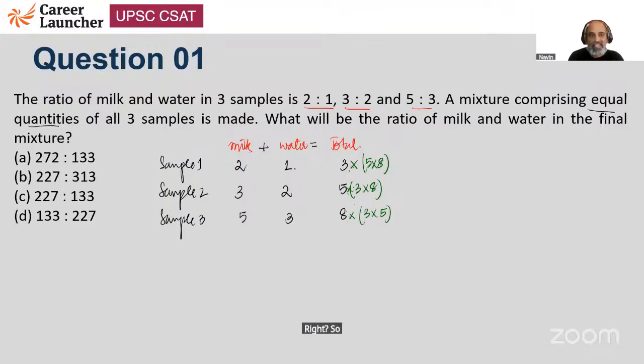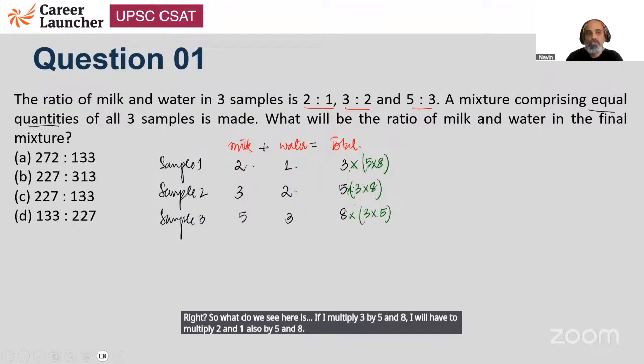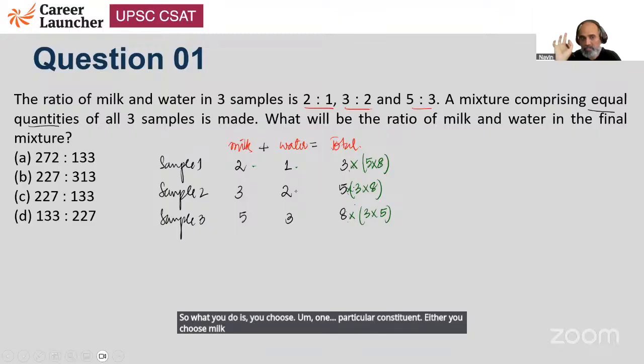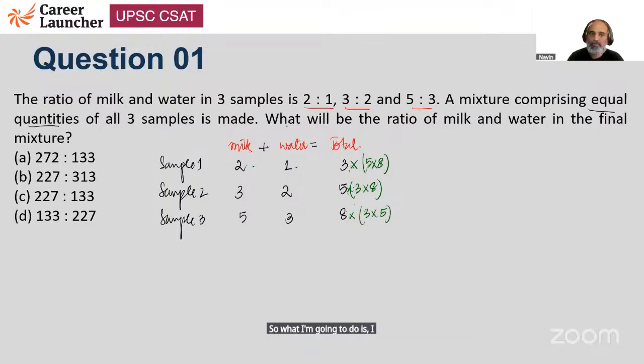So what we see here is if I multiply 3 by 5 and 8, I will have to multiply 2 and 1 also by 5 and 8. So what you do is you choose one particular constituent. Either you choose milk or you choose water. So I'm going to choose milk. So milk is going to be 2 times, this is 40, right? 2 times 40, so this will be 80.